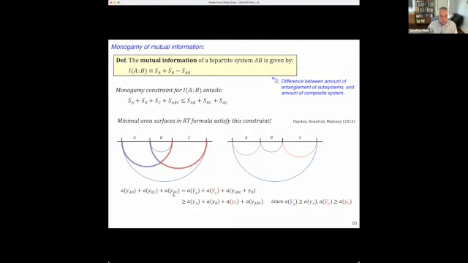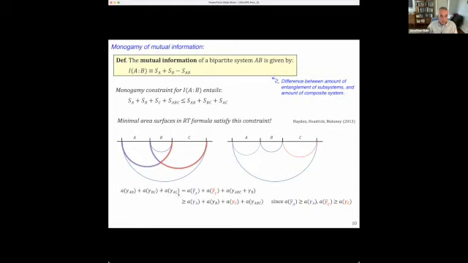And similarly, gamma AC is the minimal area bulk surface with the same boundary as the union of A and C. In this case, A and C are disjoint, so the subregion that is their union is the union of two disjoint regions. So we might expect that the minimal area surface corresponding to this boundary subregion also consists of the union of two disjoint surfaces.